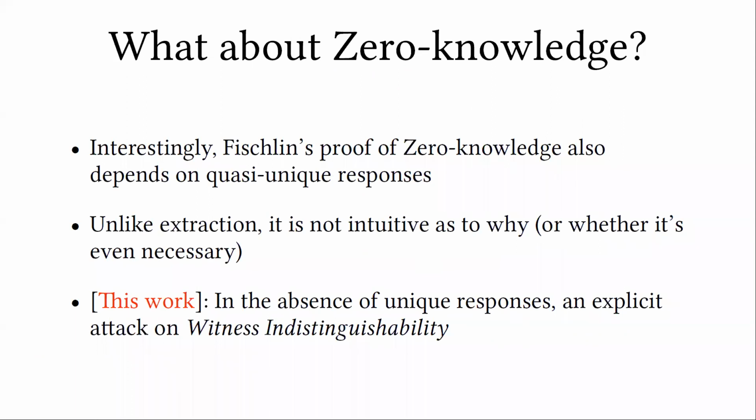But it turns out that Fischlin's proof of zero knowledge also depends on quasi-unique responses, which is not very intuitive. We can't see an explicit attack right away. And in this work, we show that it's actually quite strongly dependent on this property. In particular, in the absence of this unique responses property, we can construct an explicit attack on witness indistinguishability.